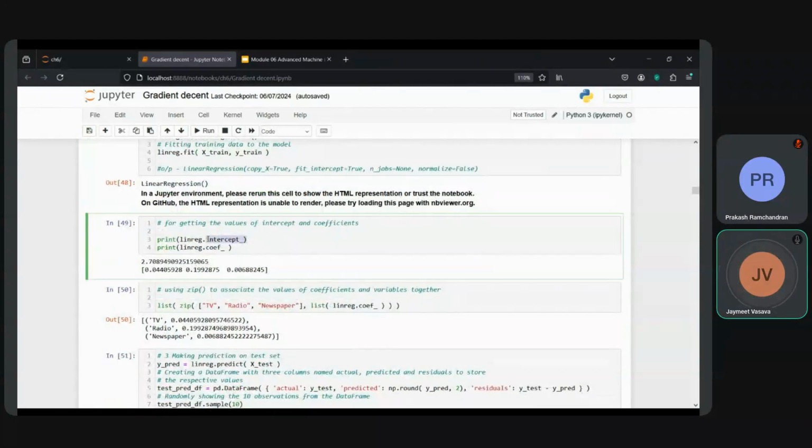When we try to get the intercept value and the coefficient values, we get 2.7, and these are the values for TV, radio, and newspaper.